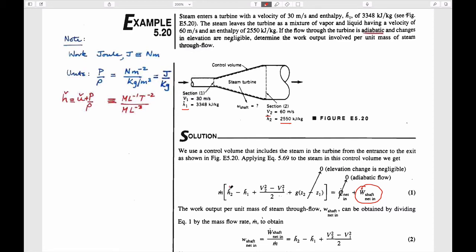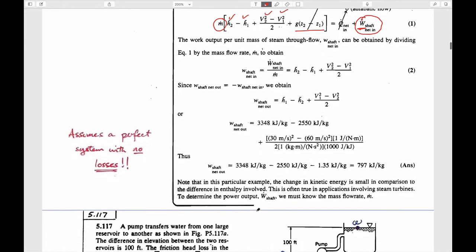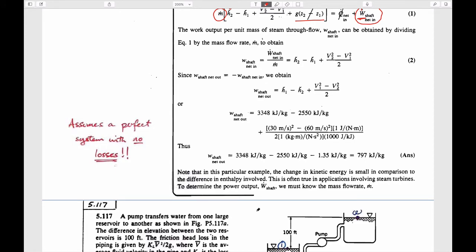So we know enthalpies, we know the velocities, it's horizontal, so we know the elevation changes, we know the mass flow rates, and so we just need to manipulate it to be able to write it in terms of the energy per unit mass flow rate. And so we went through that in class. So you've seen that. And it turns out to be this number.